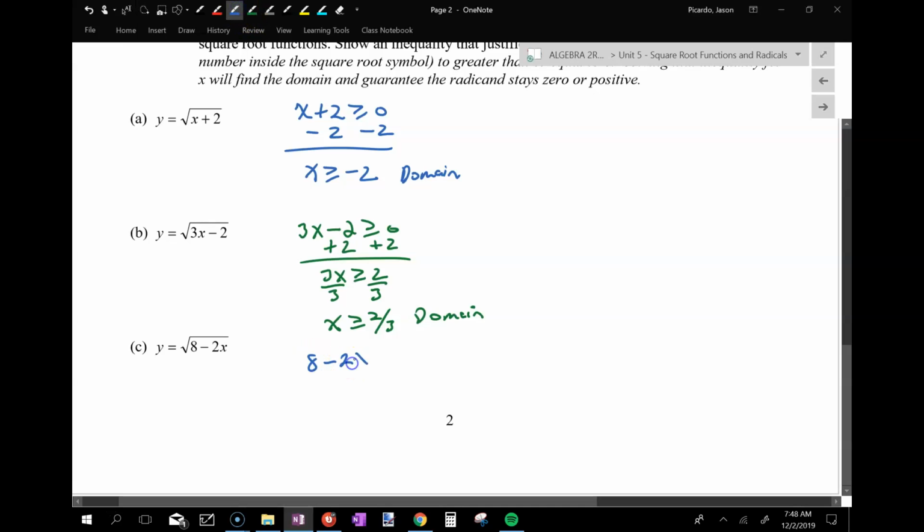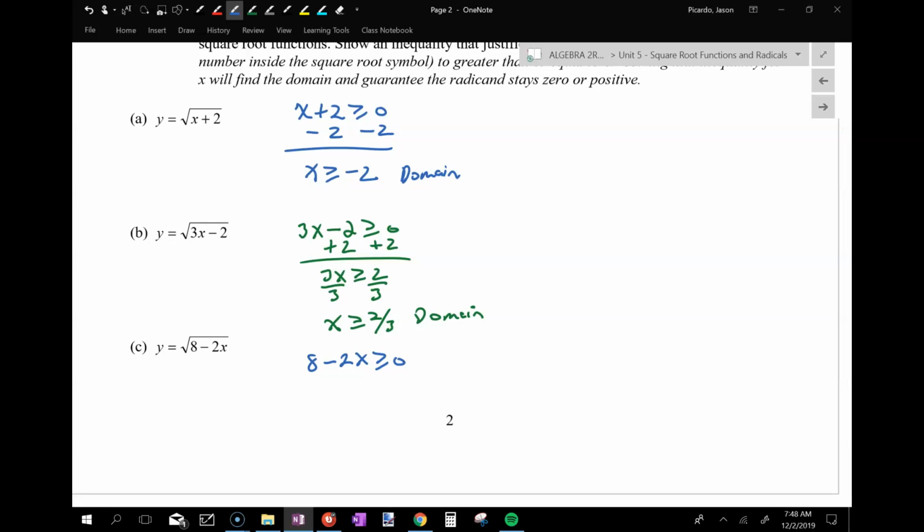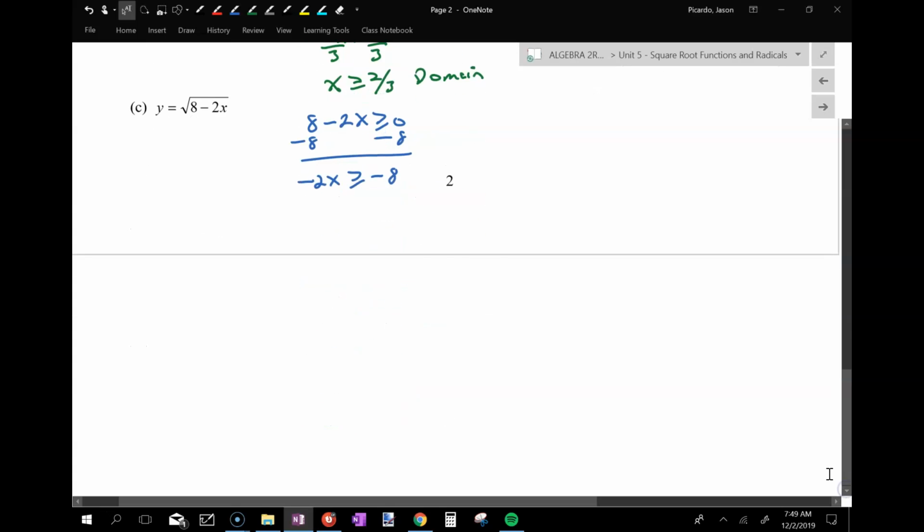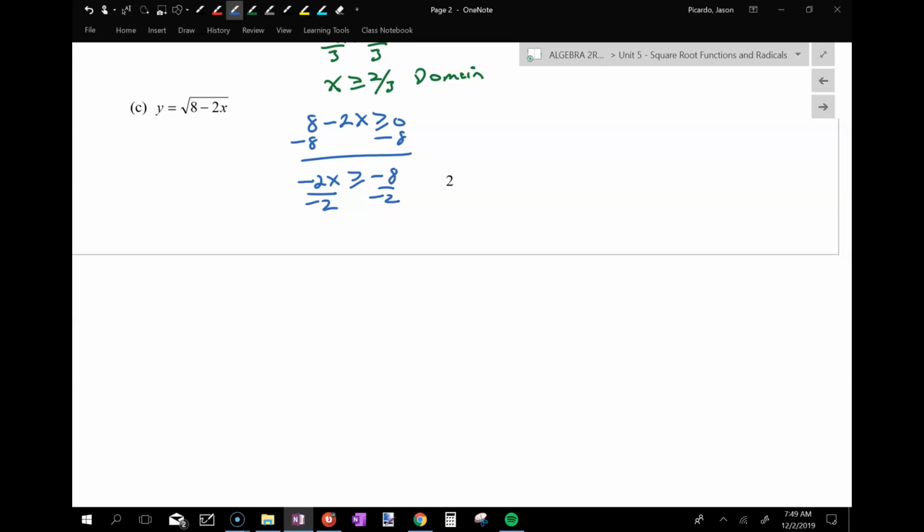Whatever's underneath the radical has to be greater than or equal to 0. This one's going to be tricky. What do I need to do first here? Subtract the 8, right? Then I'm going to divide by -2, and that's the tricky part, guys. Why is that tricky? Because I'm solving an inequality.